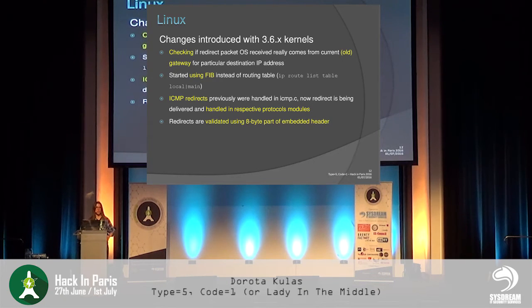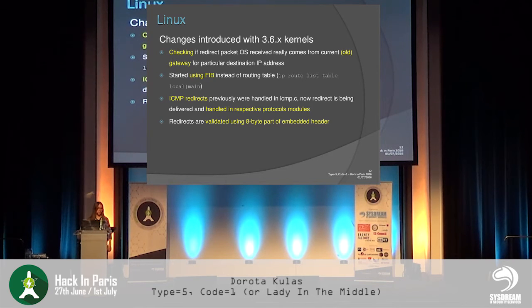So this was done for performance reasons, but it also caused that it has to go through the proper network interface. So if you have a multi-homed machine, it won't work to send this ICMP redirect packet through a different interface than the one that is proper for this communication.